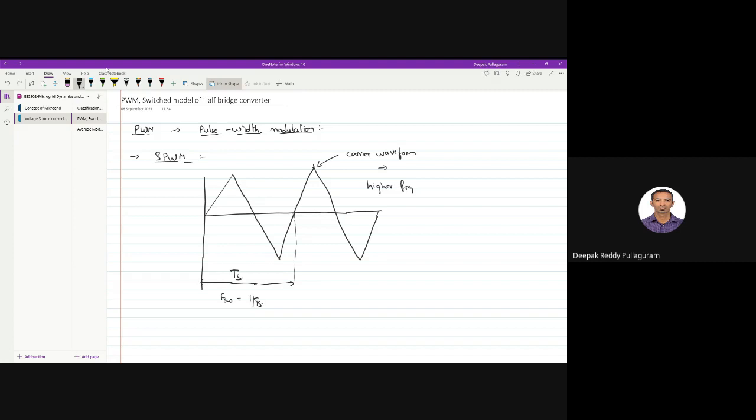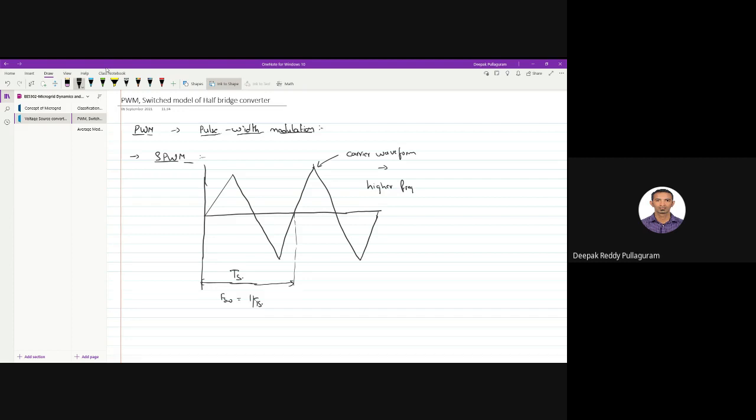And we also pass a modulating signal. What does modulating signal mean? It is the signal which is compared with this carrier wave to generate the PWM pulses. Based on the modulating signal, we name the PWM type. If we take a sinusoidal modulating signal as the reference, then we call it sinusoidal PWM.